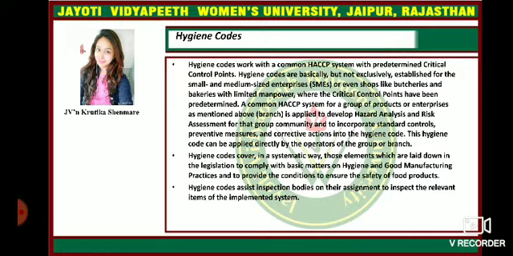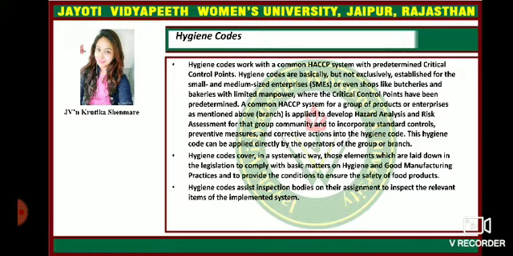A common HACCP system for the group of products or enterprises mentioned above is applied to develop hazard analysis and risk assessment for that group, and to incorporate standard controls, preventive measures, and corrective actions into the hygiene code. This hygiene code is applied directly by the operators of the hygiene group or branch.